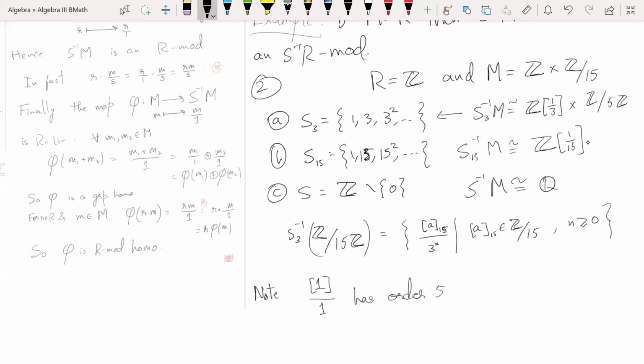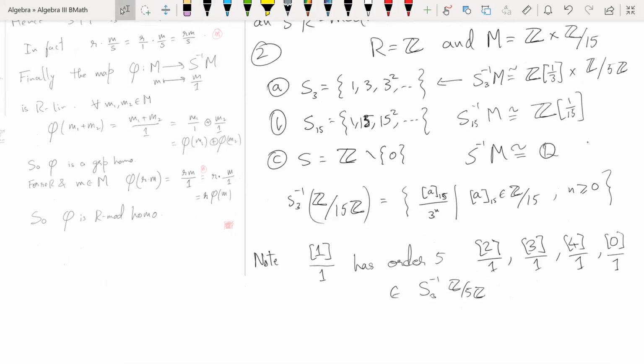Okay. So note that 1 over 1, 2 over 1, 3 over 1, 4 over 1, and 0 over 1 all belong to S3 inverse Z mod 15Z. And you can check that they are all different.